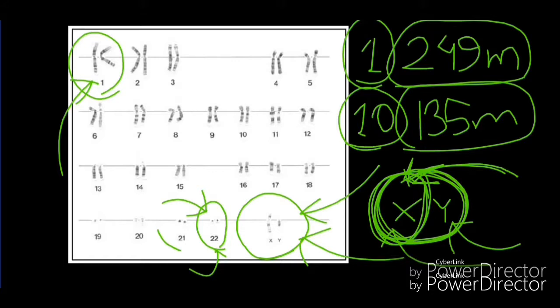This number of copies will define which gender you are. It is really interesting if you think about the normal chromosomes and then about the sex chromosomes.